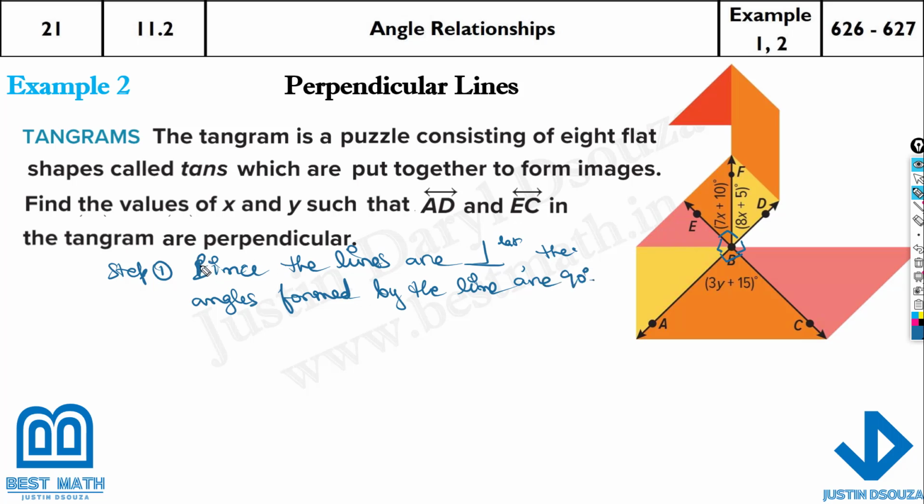Even if you don't write it, it's fine, but it's better you write it in detail. Since the lines are perpendicular, all the angles that are cut are 90 degrees.